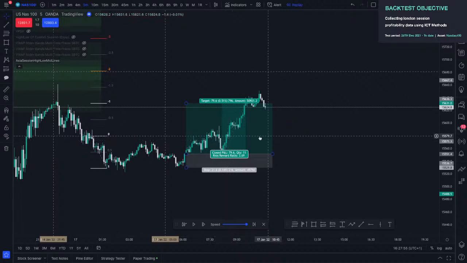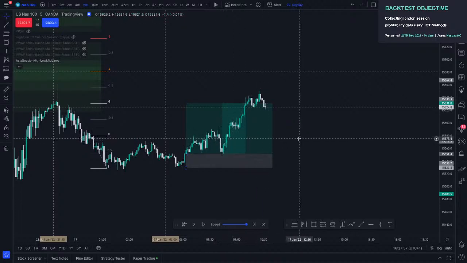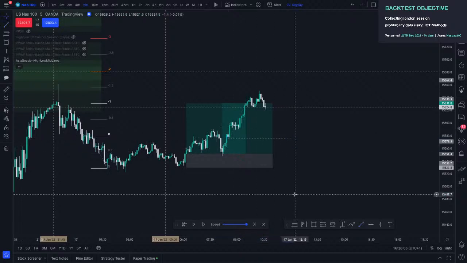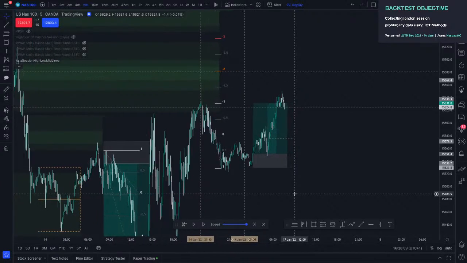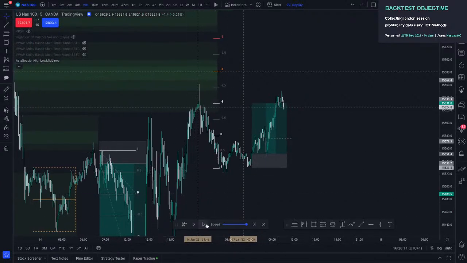We have a trade possibility down here. Okay, so the way I look at it, if we break this low, we are bearish. I mean, the bias is already bearish, but let's see.